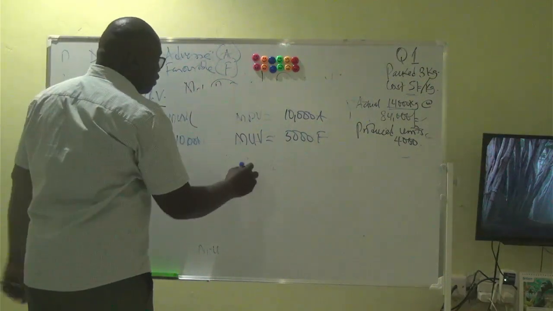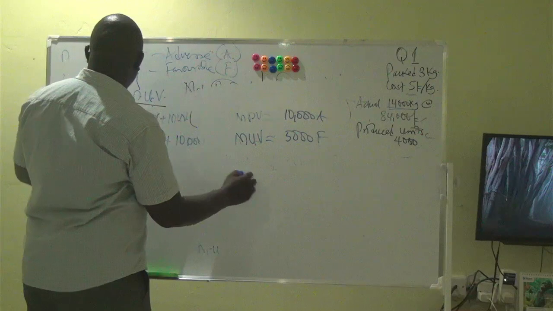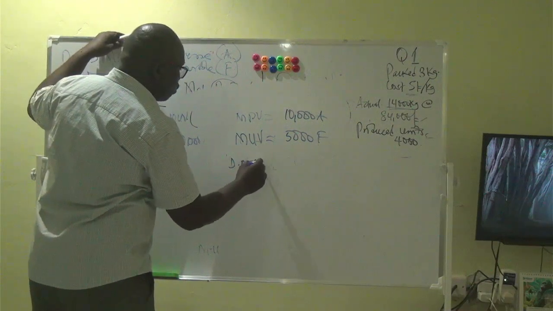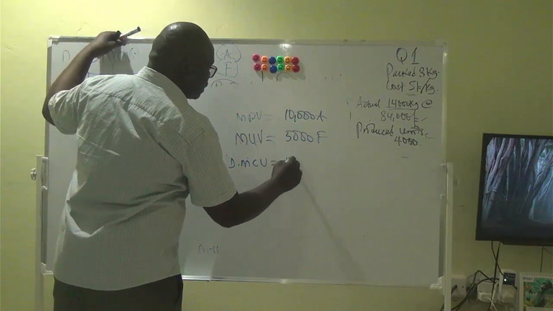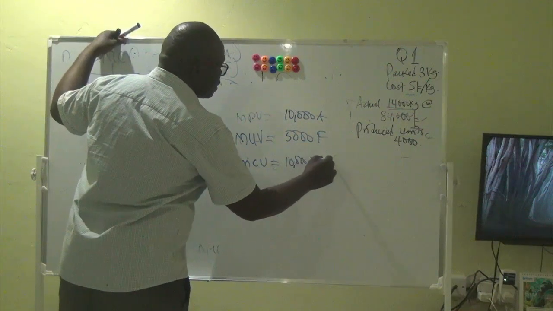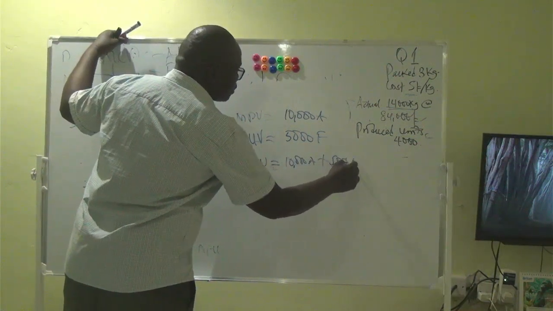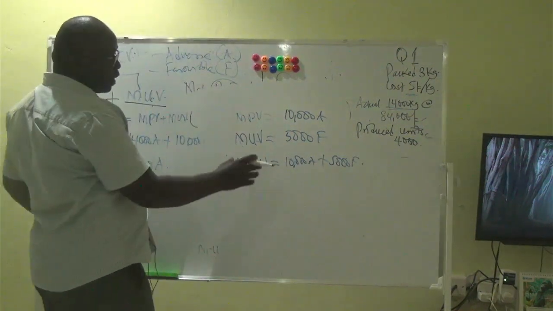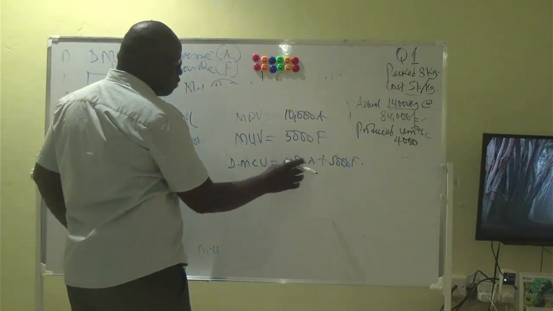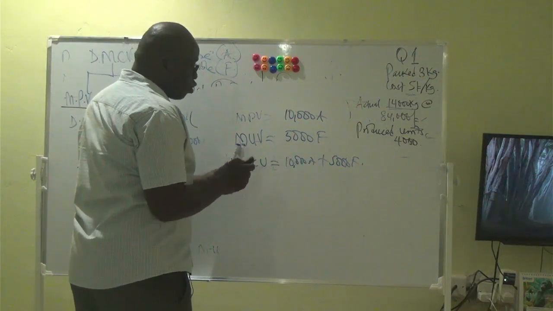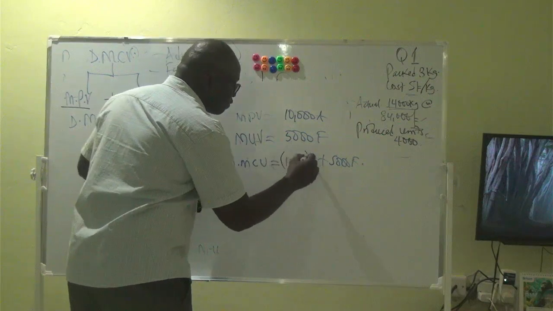So when we are adding the two to get our direct material cost variance, we have a 10,000 adverse and we are adding a 5,000 favorable. If you look at it keenly, adverse could be connoted as a negative.